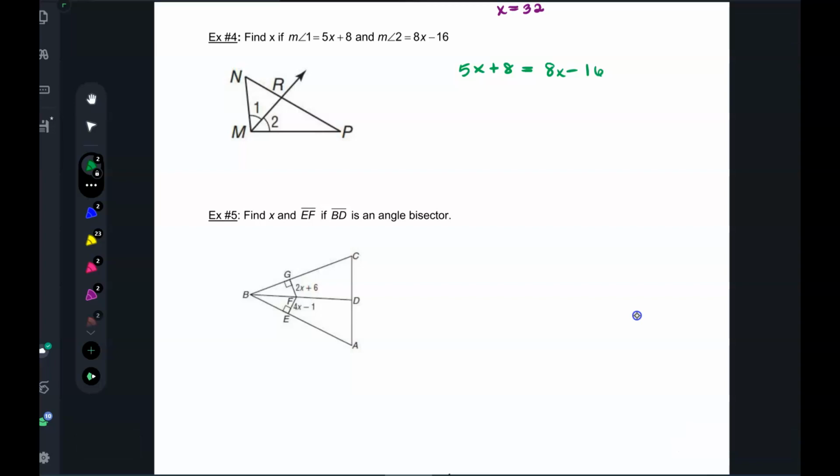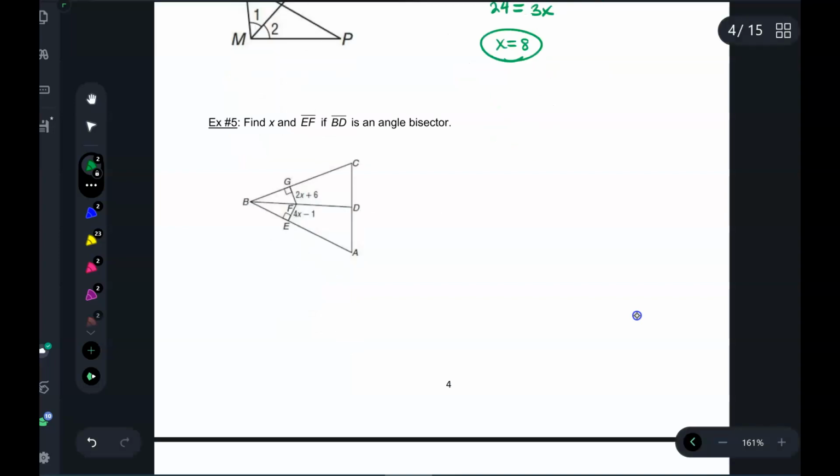Okay, let's see, add 16, subtract 5x. What do we get for x? Perfect. And that's when you make them equal too, right? Yeah, we've got an angle bisector. For the angle bisector, which two segments?